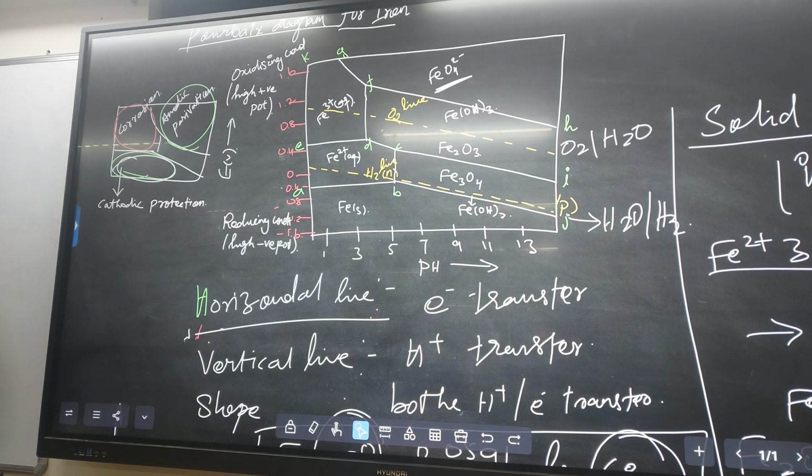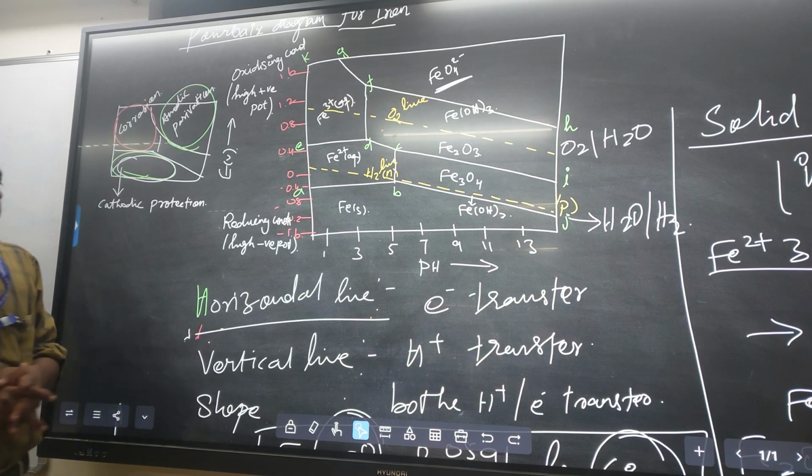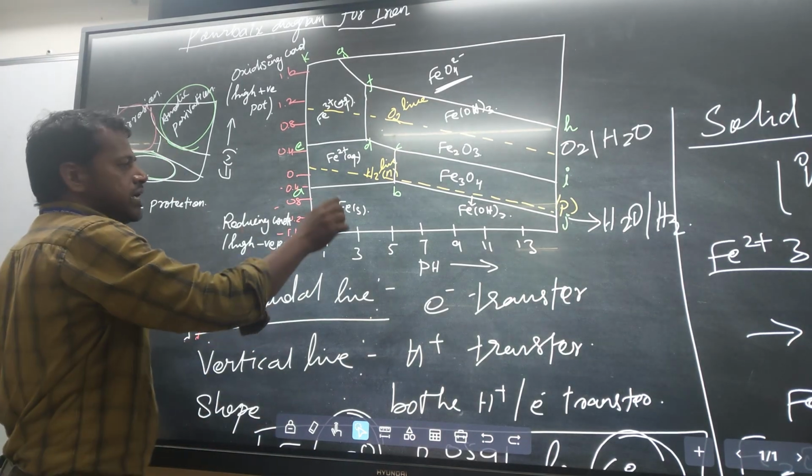So the corrosion zone indicates you have to increase the pH, otherwise you have to move to the high negative potential side. That diagram very clearly explains it.